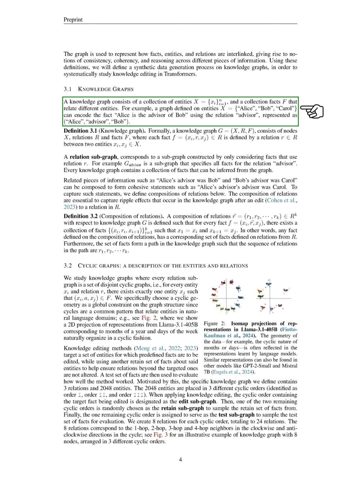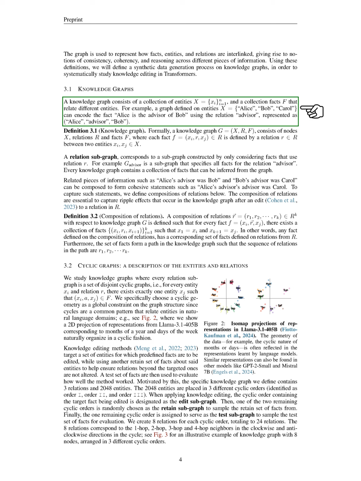A knowledge graph consists of a set of entities and a collection of facts that connect these entities. For example, a graph with entities like Alice, Bob, and Carol can represent the fact that Alice is the advisor of Bob, using the relationship advisor.